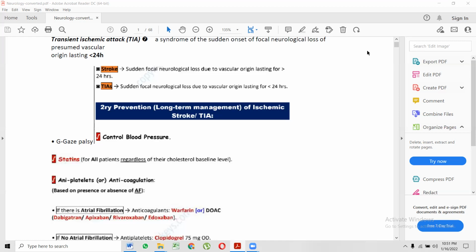Through the internal carotid artery, they can travel to the brain. Through the aorta, celiac trunk, and mesenteric artery, it can go to the gut and cause acute mesenteric ischemia. It can travel to the limbs through iliac arteries and cause acute limb ischemia.